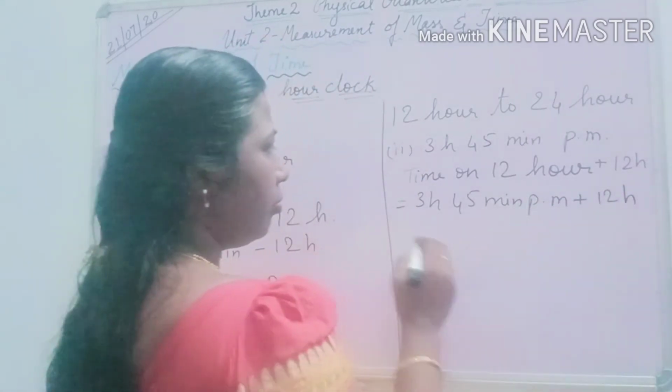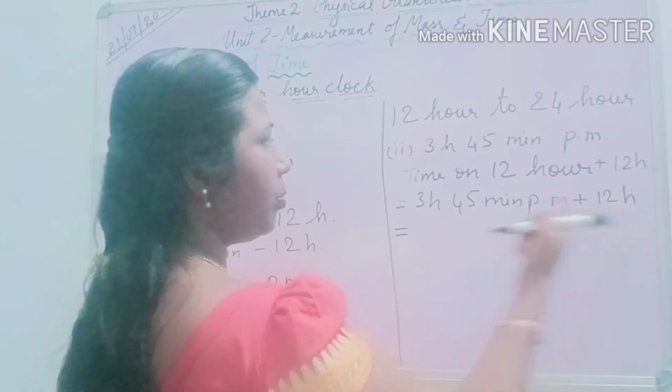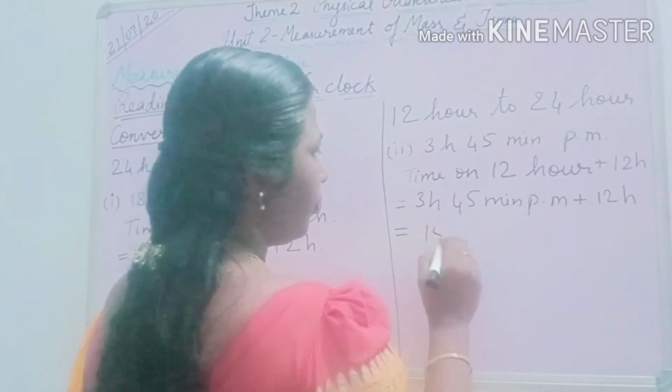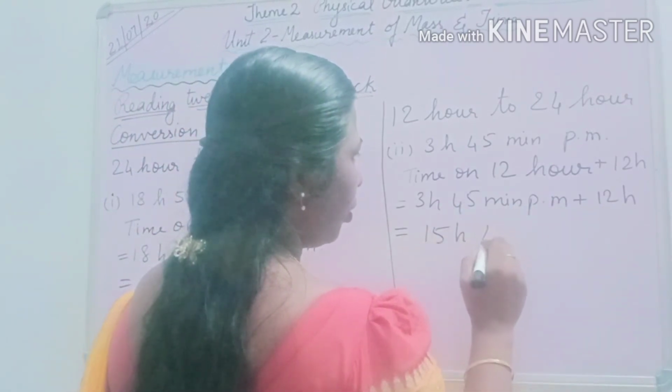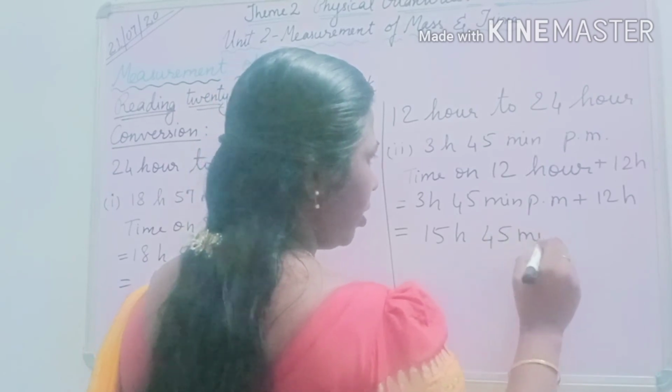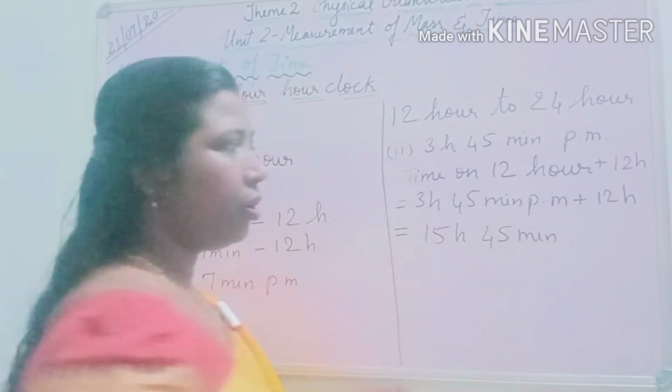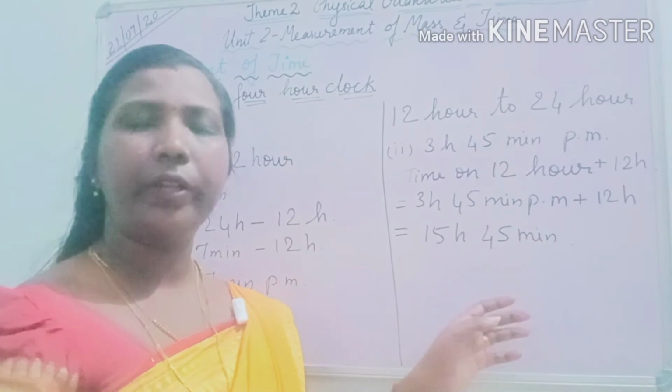According to 24 hour, 12 plus 3 is 15, so 15 hour 45 minutes. In a 24-hour clock, there is no AM and PM.